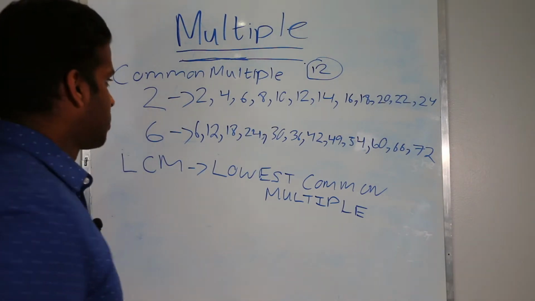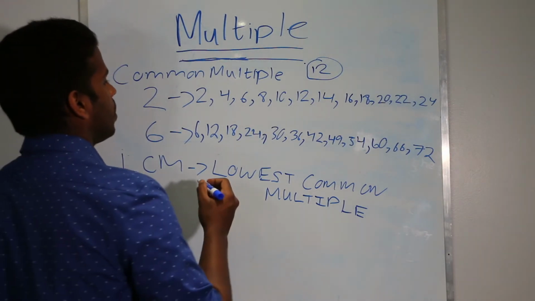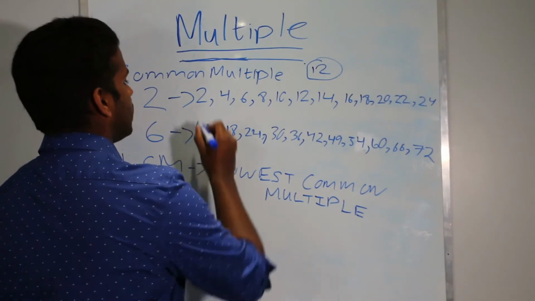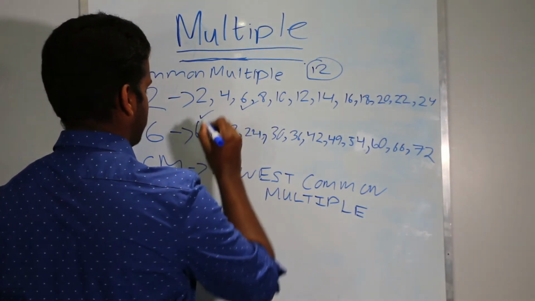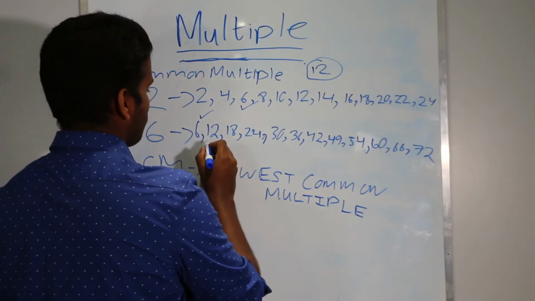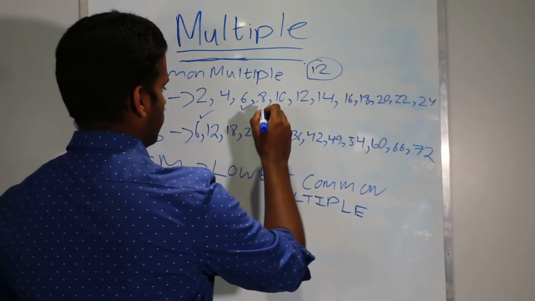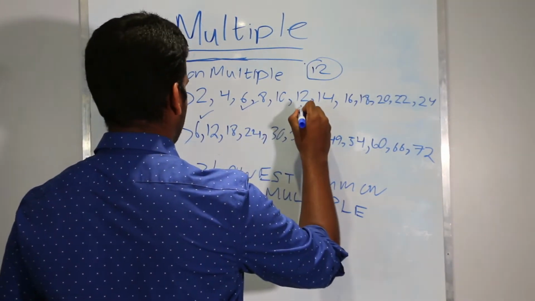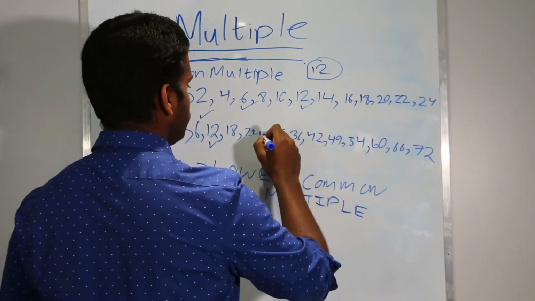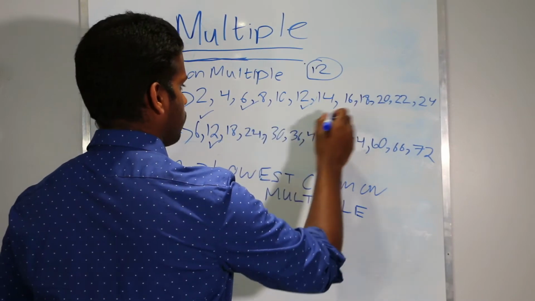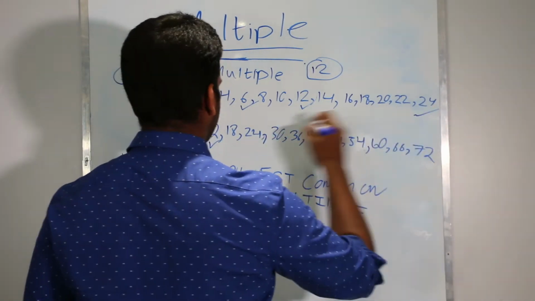So we listed them. Let's figure out which are common. 2, no. 4, no. 6, yes, we have a 6. We have a 12. 24 is common.